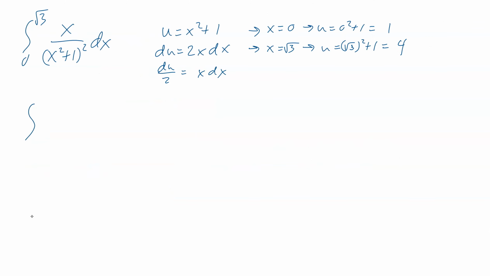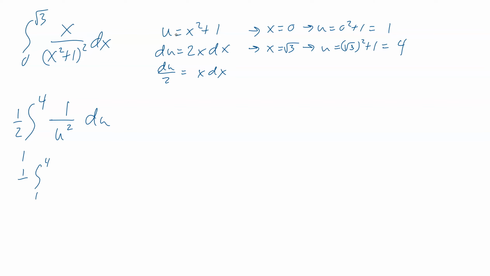And so we now have 1 to 4. And then our du dx would be 1/2. So du and 1. And then our x squared plus 1 is u. So that's u squared.